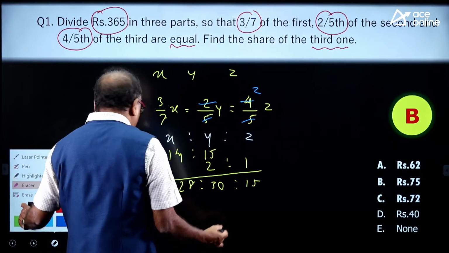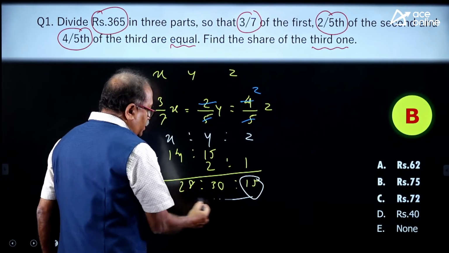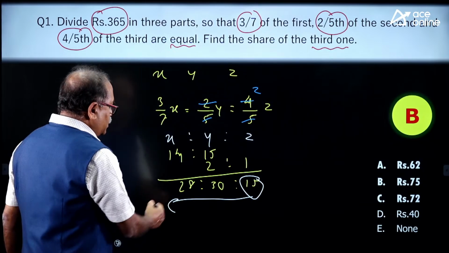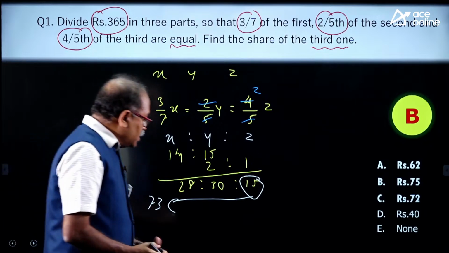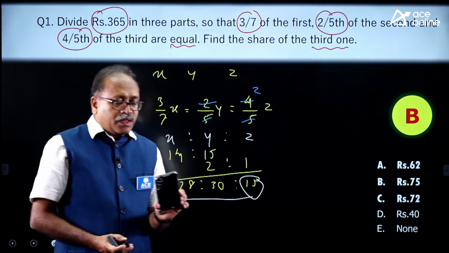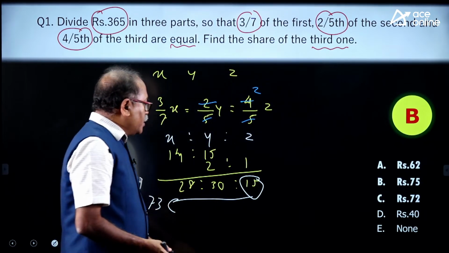Now I need to find what these 15 parts are, whereas the total part given to us is 73. If you add up this one, you are getting 73. So anyone answer the question? Okay.